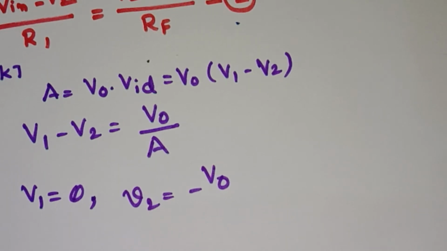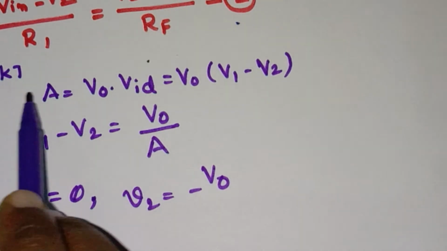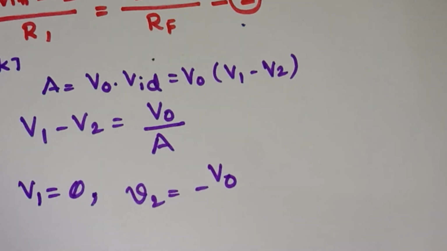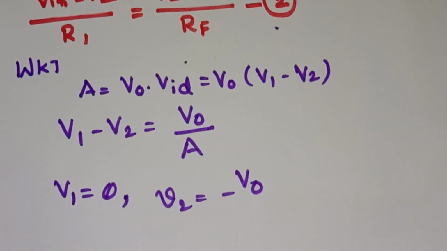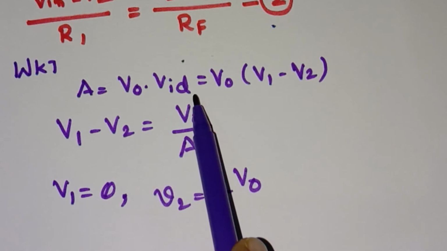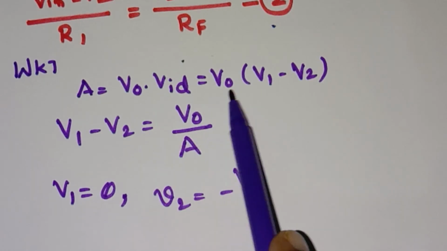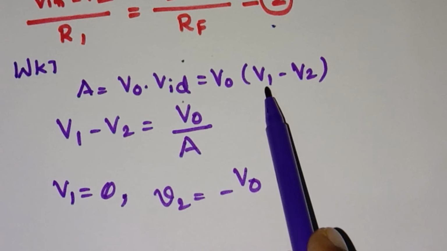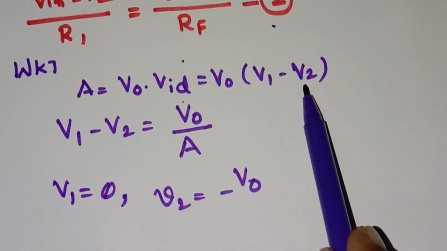We know that A is equal to V out by VID, where VID is nothing but the difference of V1 and V2.